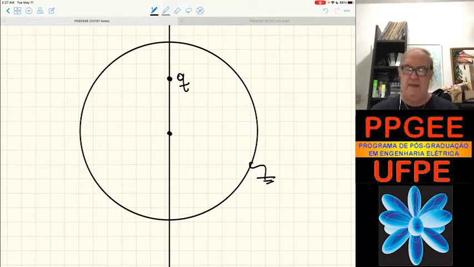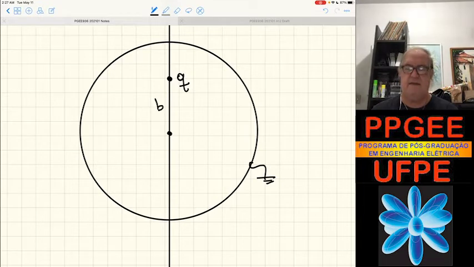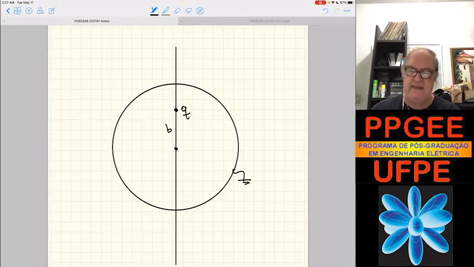Right? So if we put the charge inside, at a distance B from the center, the image charge is going to be outside at a distance C equals A squared over B, right?